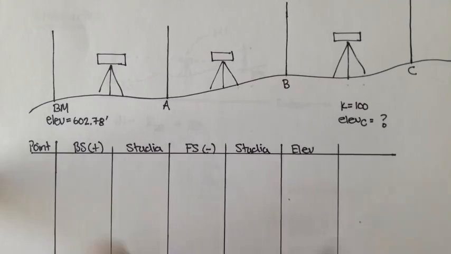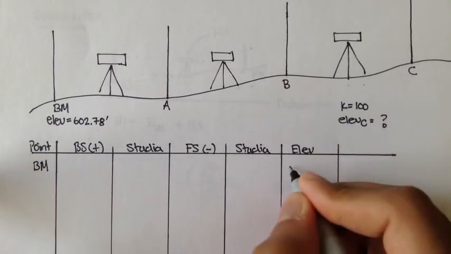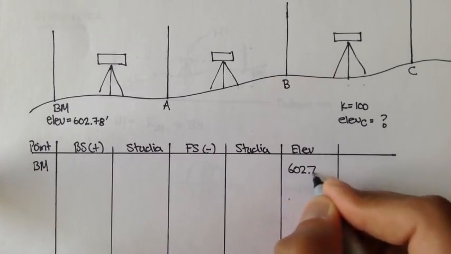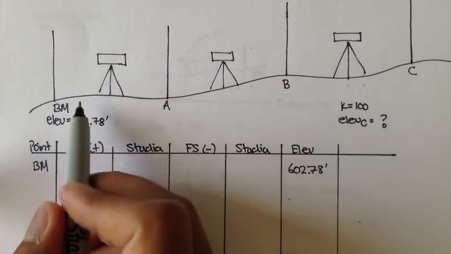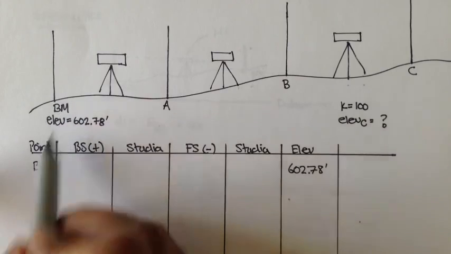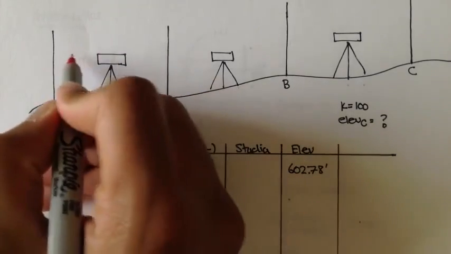So let's start here at A, or let me put down benchmark and say that its elevation is 602.78. Okay, so we take the backsight for the BM and we read. Remember, we're taking 3 readings, not 1.